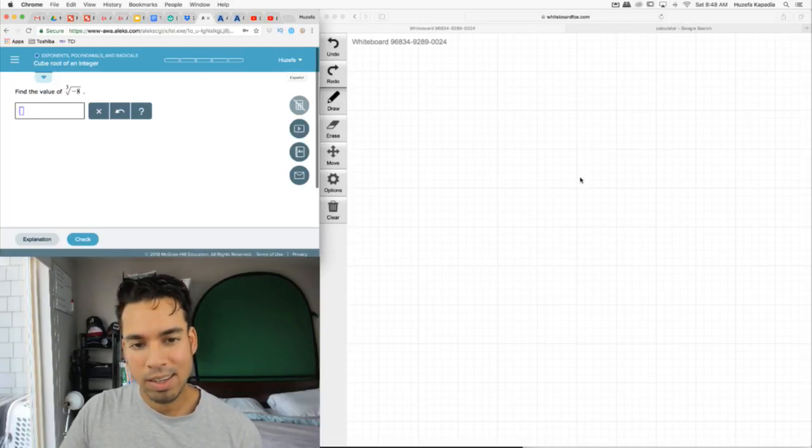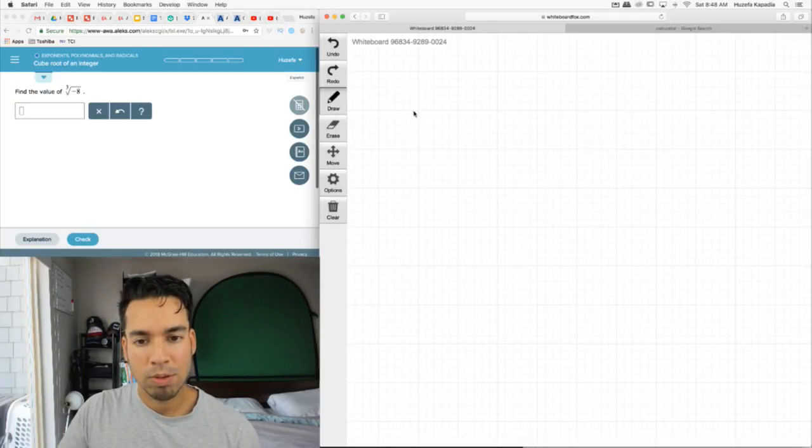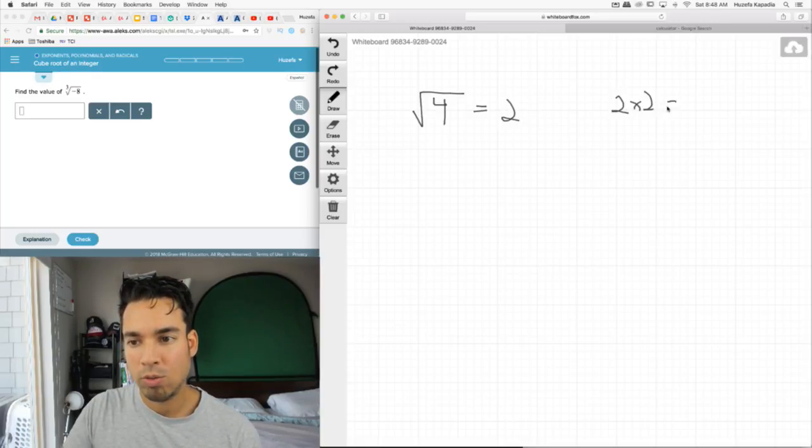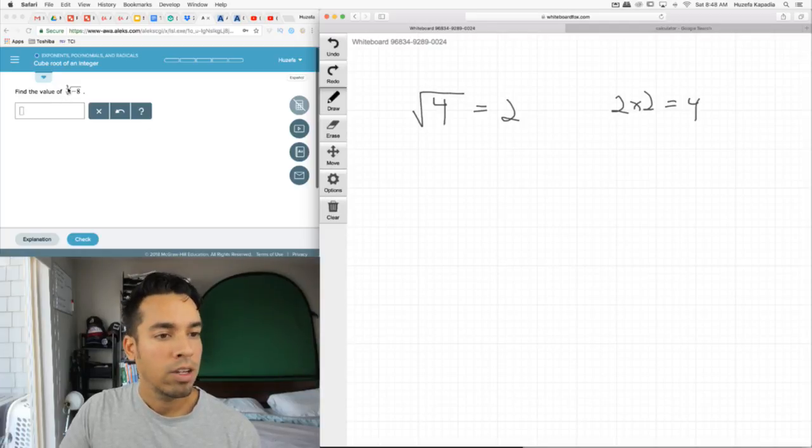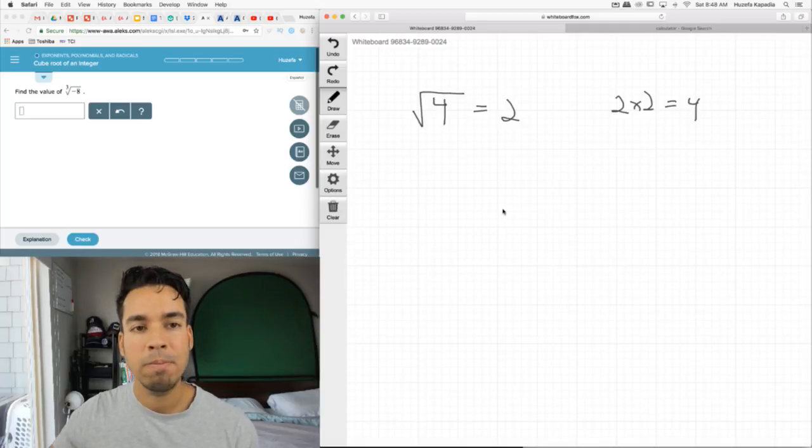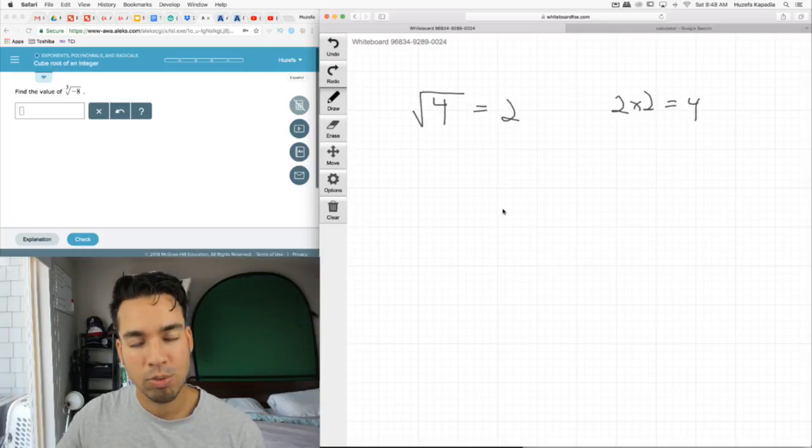Cube root of an integer. Now, you're probably familiar with square roots. The square root asks what number times itself equals this number. In this case, it's 2, because 2 times 2 equals 4. So what's a cube root? A cube root is where we're trying to figure out what number times itself and then times itself again equals a number, meaning we use 3 of a number, multiplied, to equal the original number.